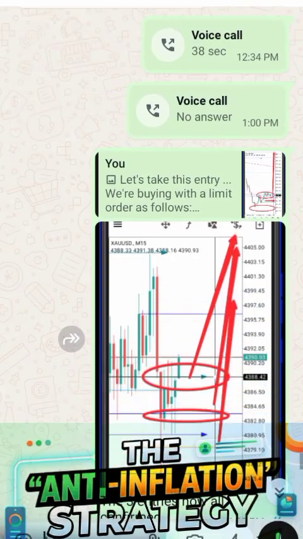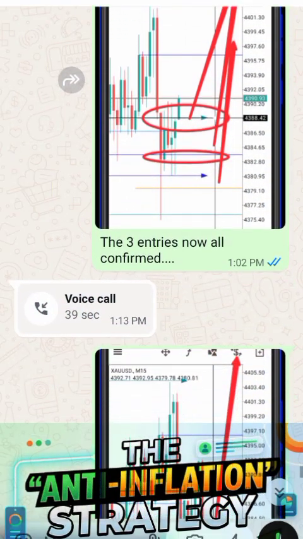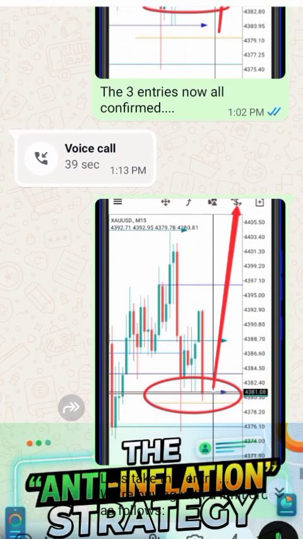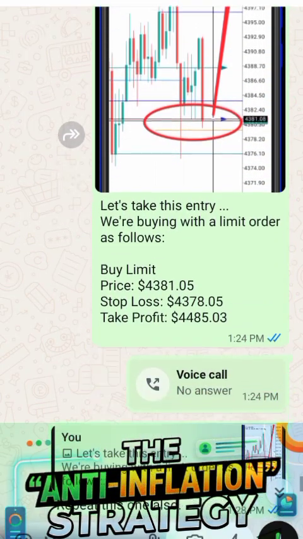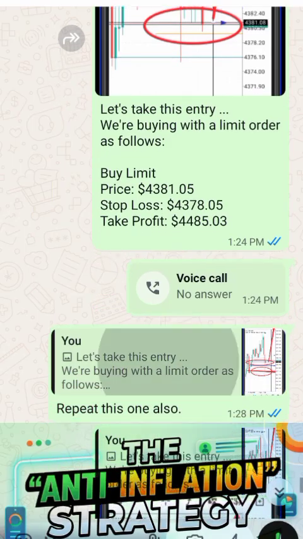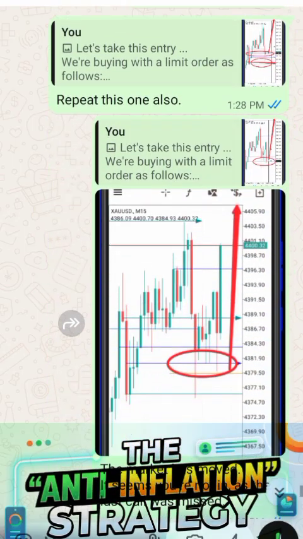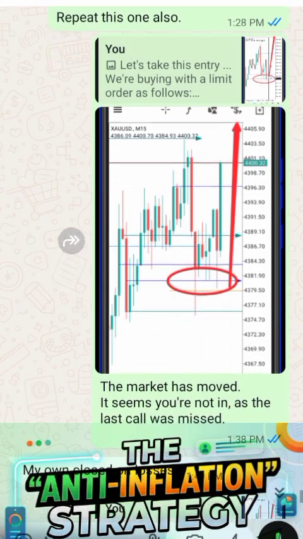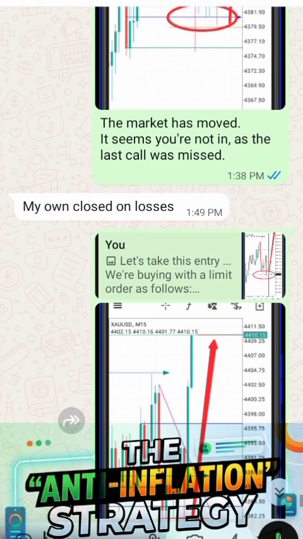So we did not just call this arbitrarily. These are because we have the rules that we have to follow, and these rules are using the fib sequence that we've mentioned already. So we have called also 4381. As the market keeps moving and we see changes, we keep calling for new entries.